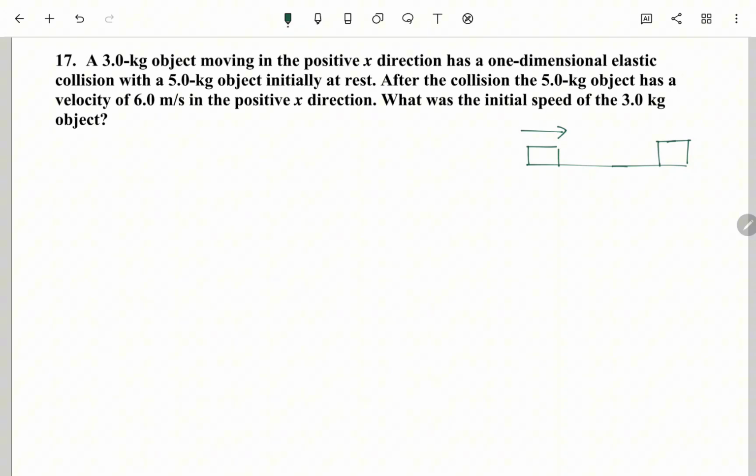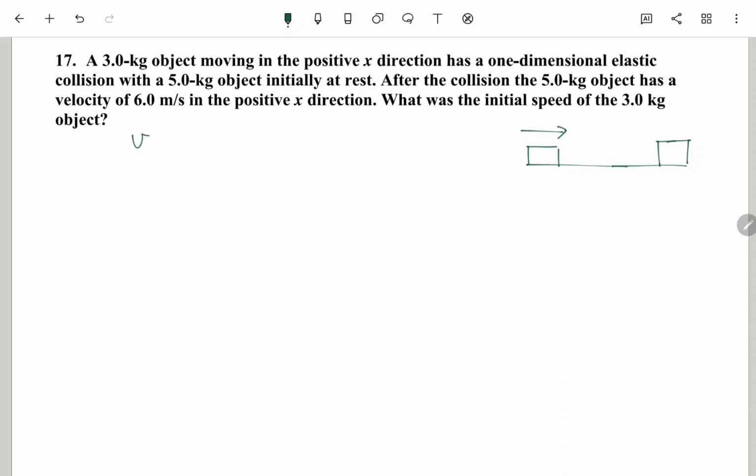Now this collision is an elastic collision, and the kinetic energy is conserved and the momentum is conserved as well. For this type of collision, let's use the ready equations from solving the kinetic energy and momentum.